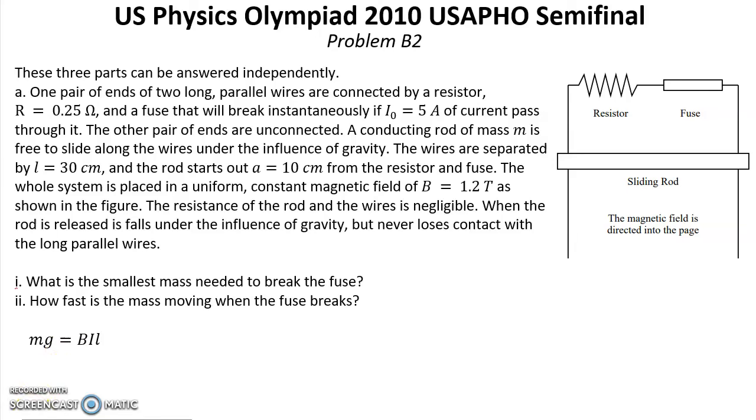That will be this one. So mass equals magnetic field multiplied by length of rod multiplied by maximum current and divided by g, gravitational acceleration. So that will finally be 0.18 kilograms. That's the answer for the first question in this part.